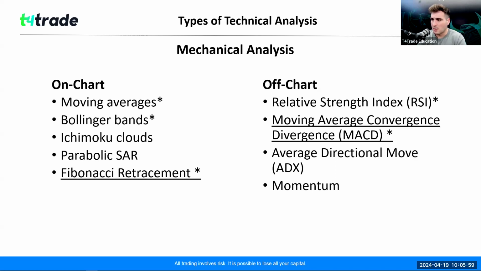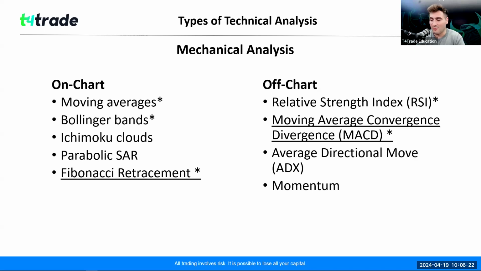We have covered in the past moving averages, Bollinger Bands, and Fibonacci retracement. These have been extensive topics that we went over, and all these three technical indicators have been covered in the past, and they fall under the category of on-chart indicators.